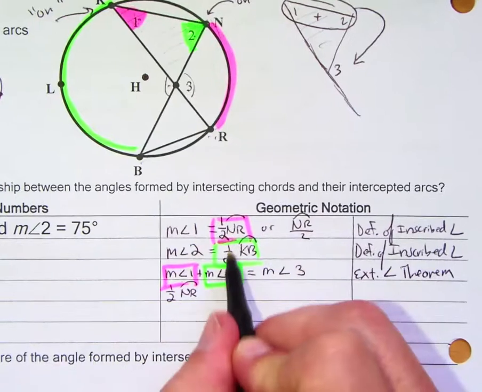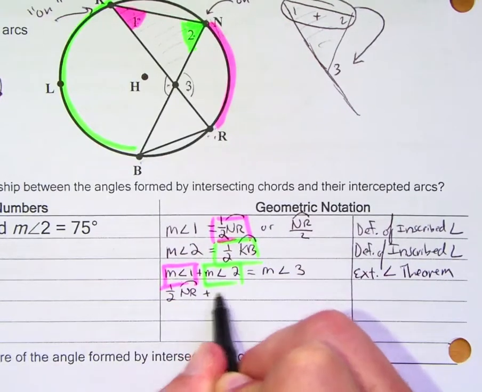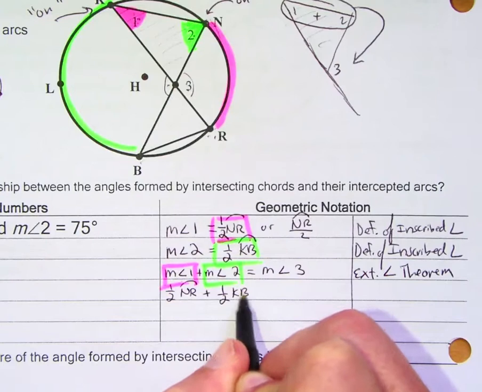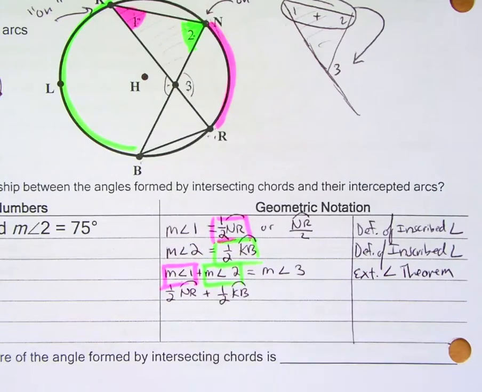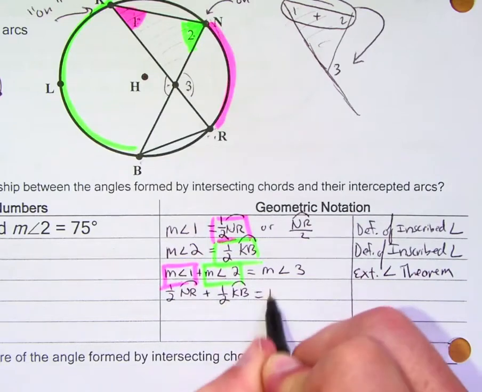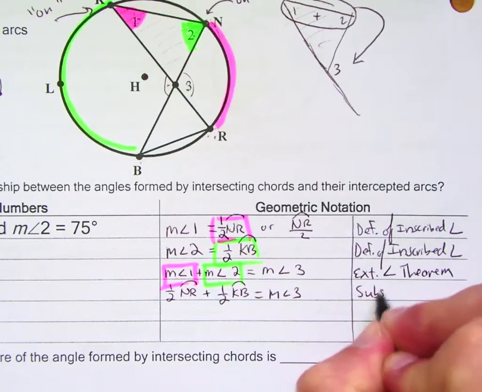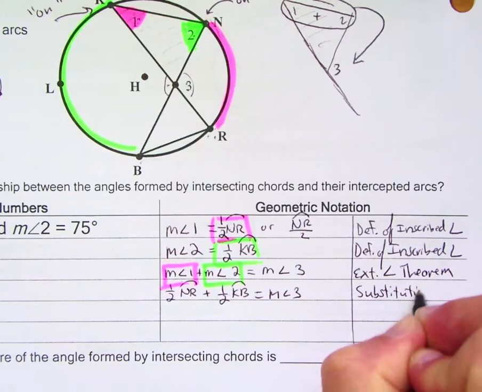And so I'm going to take half of arc KB and substitute that in there too. So again, where I saw arc 1, I put this. Where I saw angle 1, I put that. And the measure of angle 2, I put this. Here and here. There I go. This is just substitution as my reason why.